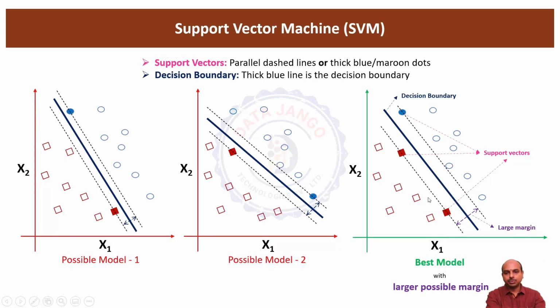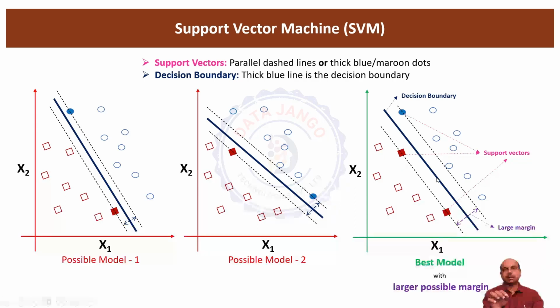Okay, and if it chooses these two data points as support vectors from the red side and this one from the blue side, the decision boundary's angle changes a little more, right? But when you observe these three diagrams, here the margin is too high when compared to this margin and this margin. This margin is too high.